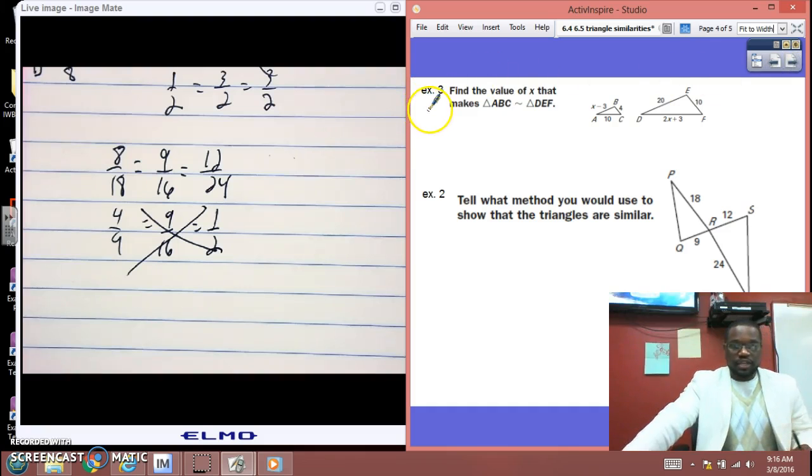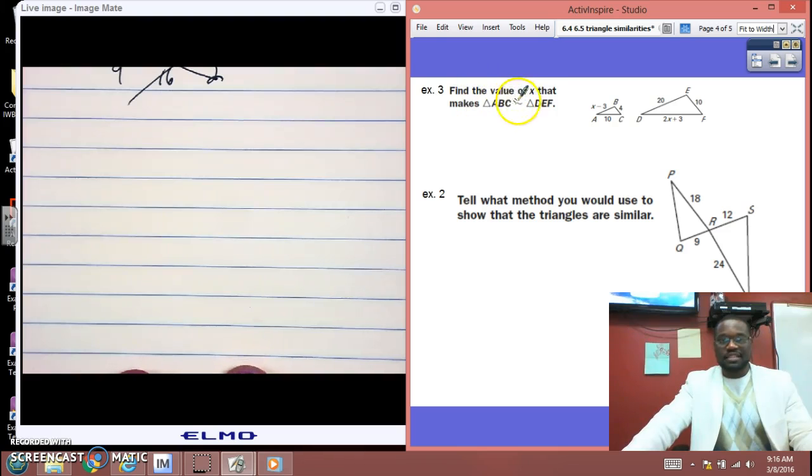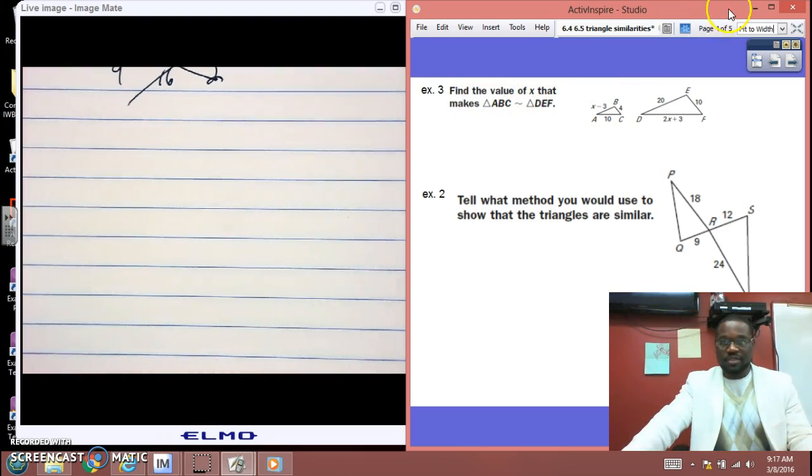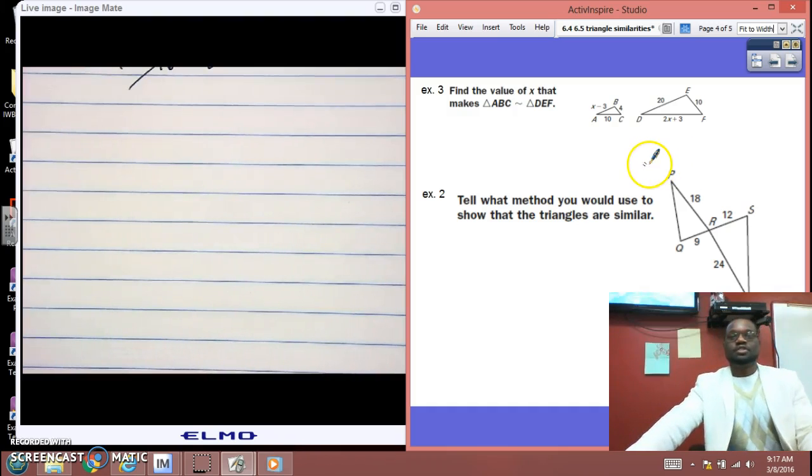Now, number 3 here asks us to find the value of x that makes this statement true: triangle ABC being similar to triangle DEF. So I want to set up a proportion based on true relationships.